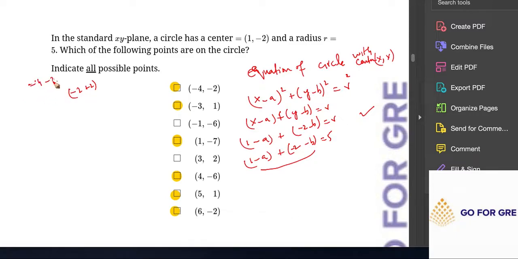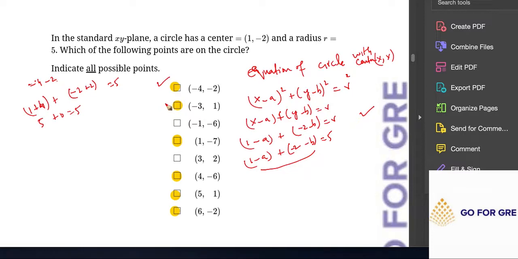Minus 4 minus 2, so 1 minus a, so a is equal to minus 4, so here it is 4 plus 0, it equals 5. So this relationship is true, so 5 is equal to 5.